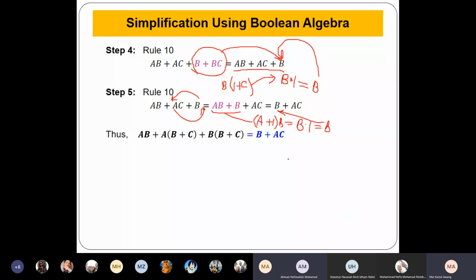Can we reduce this further? No, sir. This is the simplest expression that you can have. So therefore, the answer is this. What you have is basically B.